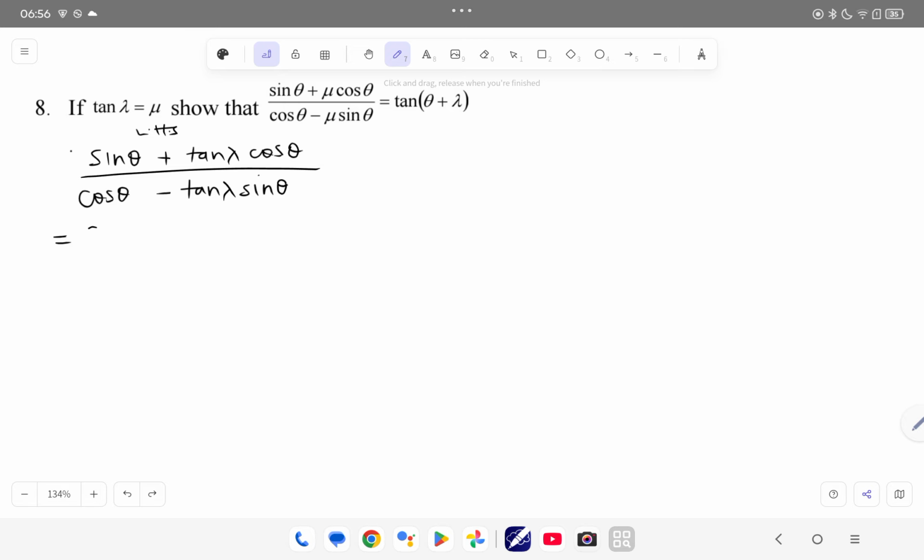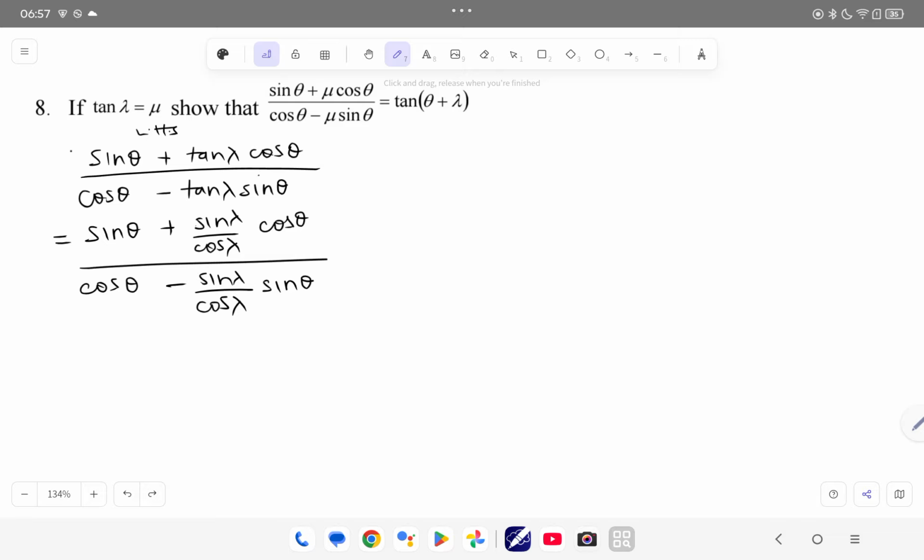Now I can change tan lambda into sin lambda out of cos lambda, then cos theta out of cos theta minus sin lambda out of cos lambda, then times sin theta.